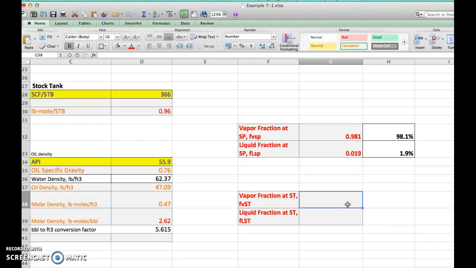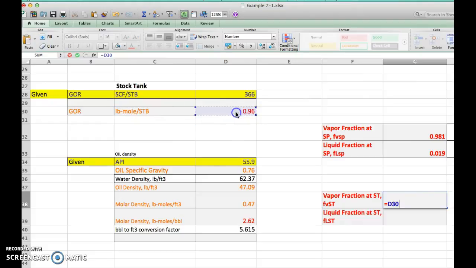For vapor and liquid fractions at stock tank, I have the stock tank vapor number of moles divided by the total number of moles at the stock tank. And again, this is per unit of 1 barrel of stock tank. And for liquid would be 1 minus the vapor fraction, or would be the number of moles of liquid divided by total number of moles at the stock tank.